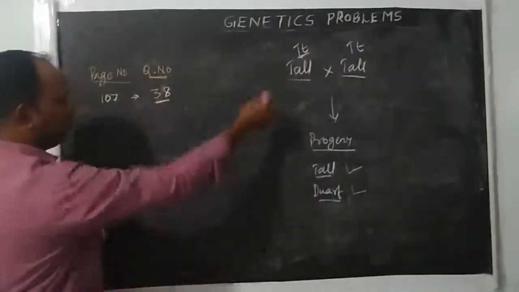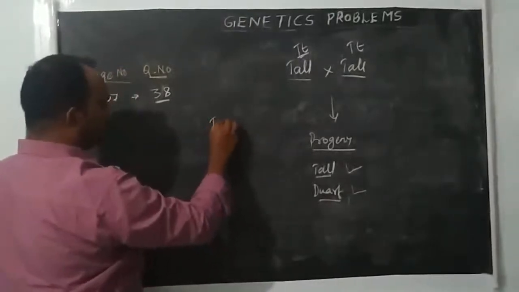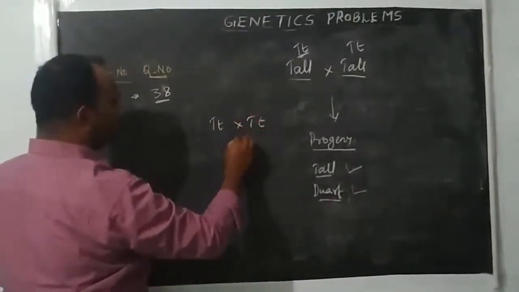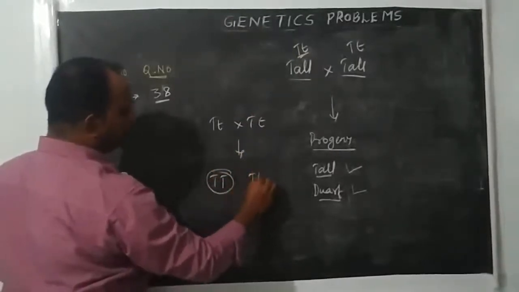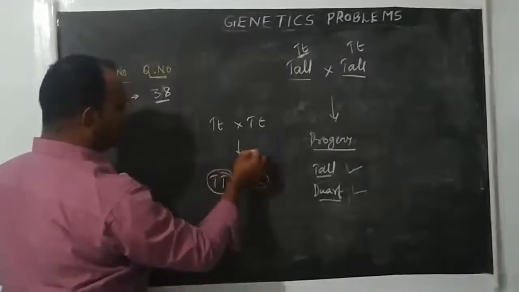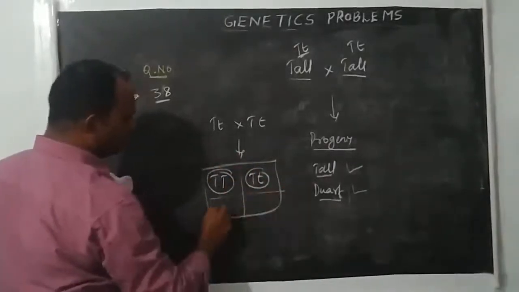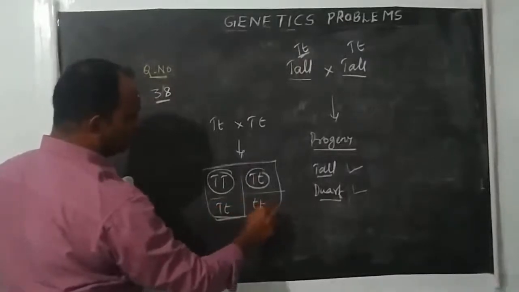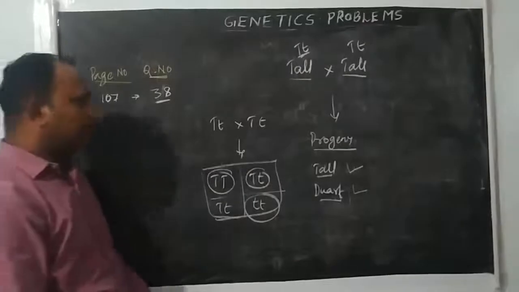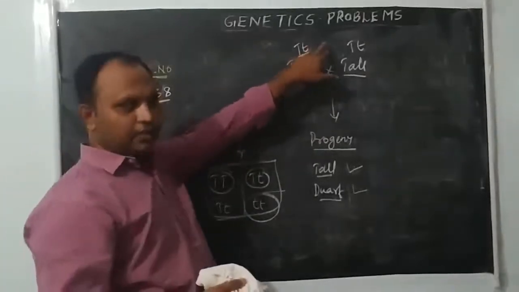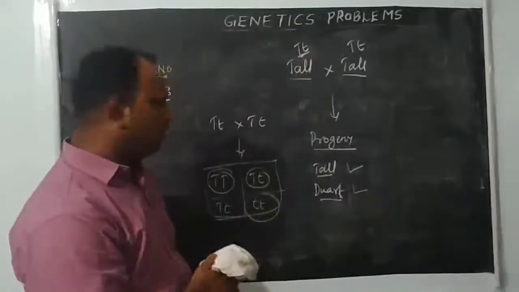You see, if both are caps T small t, caps T small t crossed with caps T small t, how will we get? Gametes like this, and putting a checkerboard, we will get caps T caps T, caps T small t, caps T small t, small t small t. So we are getting dwarf progeny also. If the parents are heterozygous, caps T small t, then only we will get dwarf progeny, right?